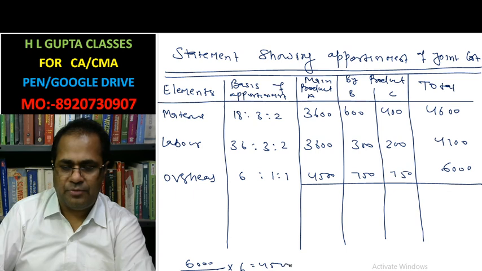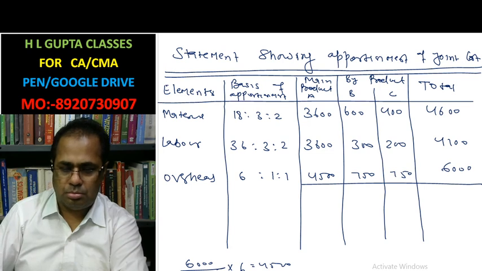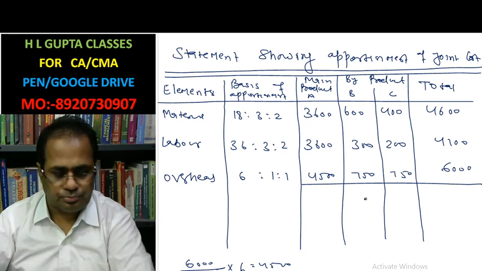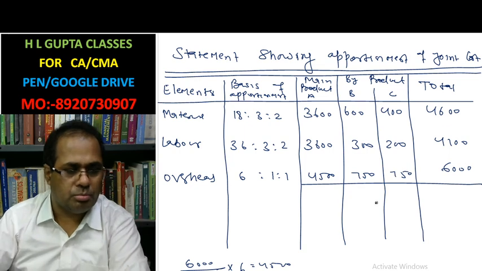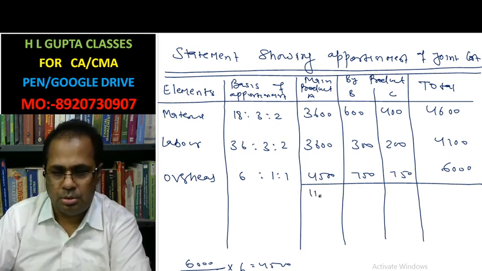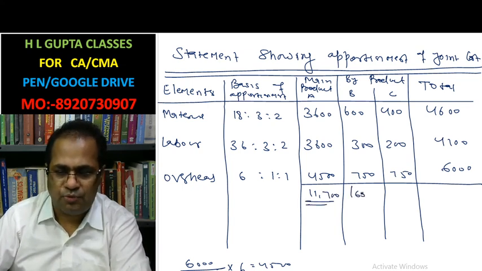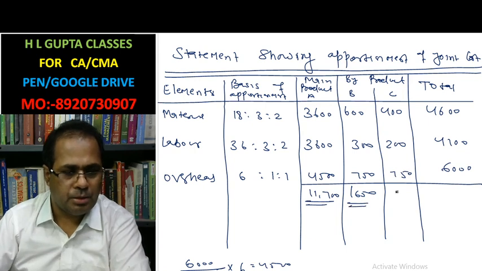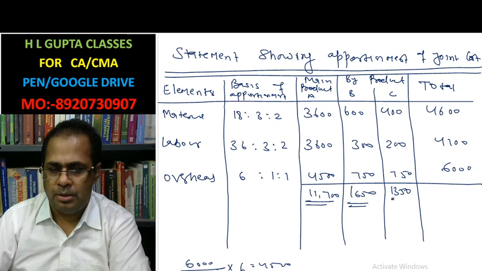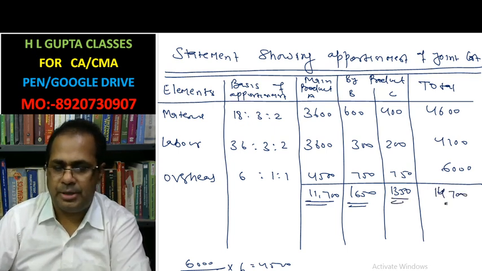This is 4500, 750, 750. Now the totals: 11,700, 1650, 1350, and the grand total 14,700.